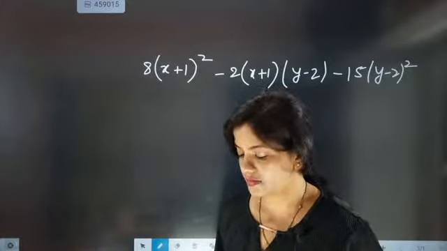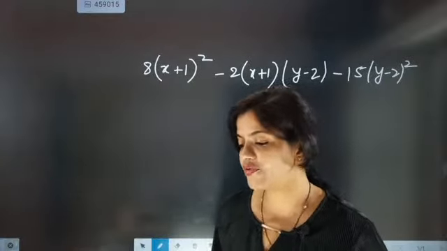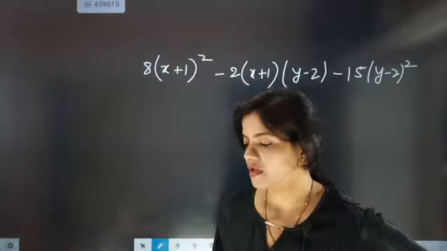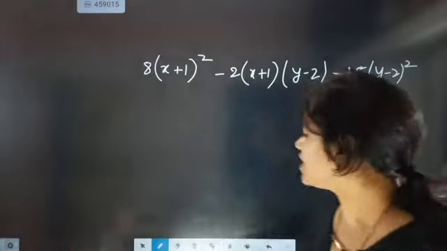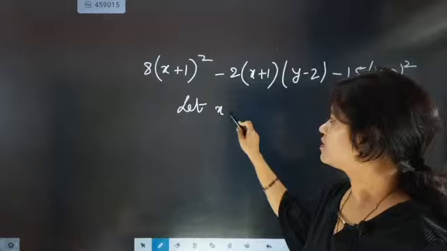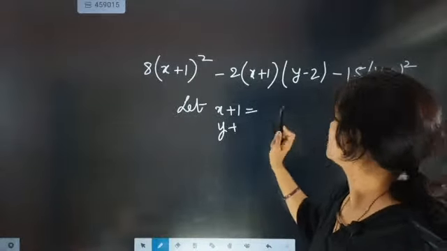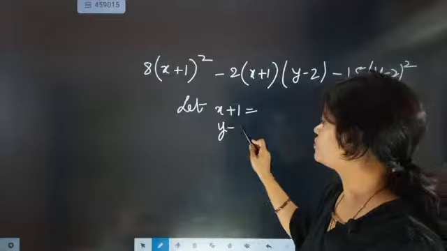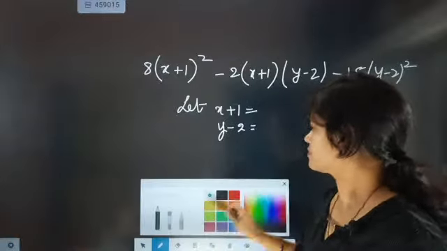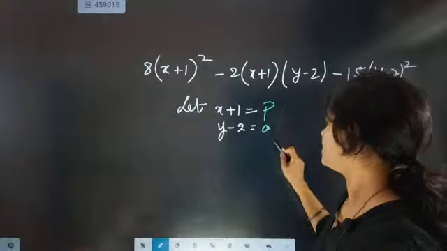Shall I solve this question? Kanishka, is it coming difficult? Now look here, beta, again I told you the shortcut method always: let x plus 1 equal to p and y minus 2 equal to q.